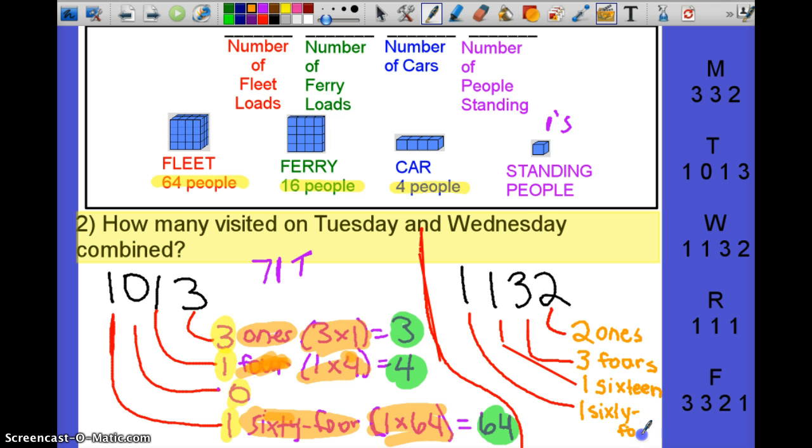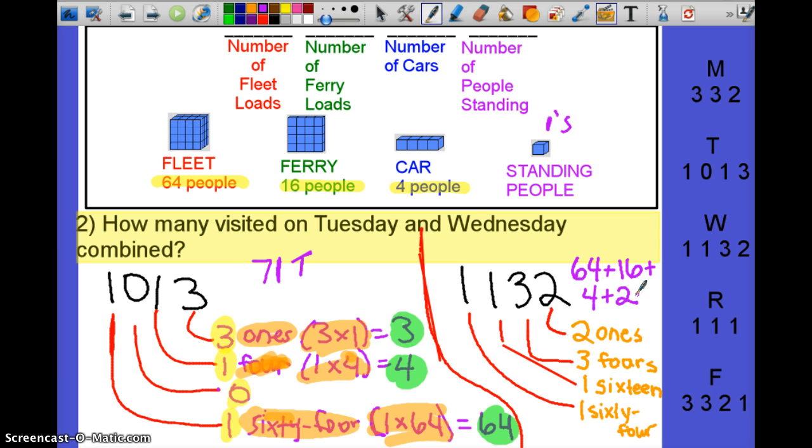Now, you would find the sum of 64 plus 16, this is the expanded form of partial sums, 64, 16, 4, and 2.